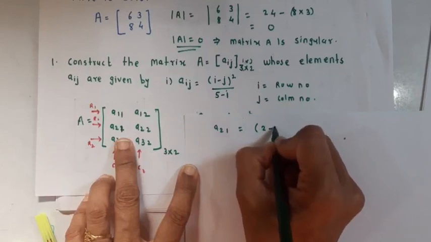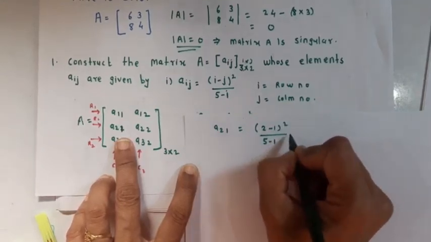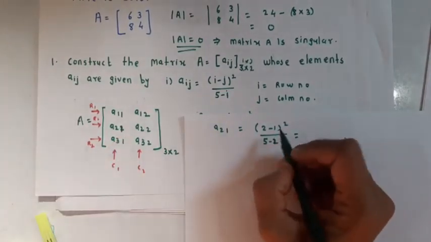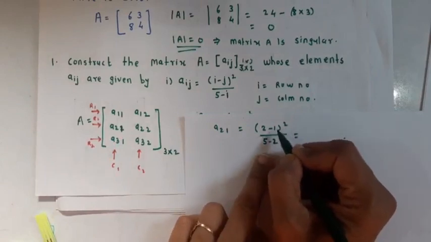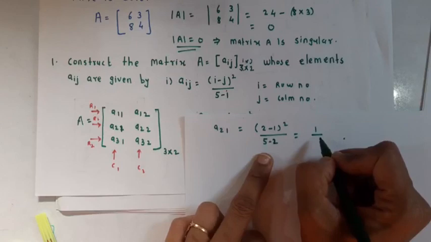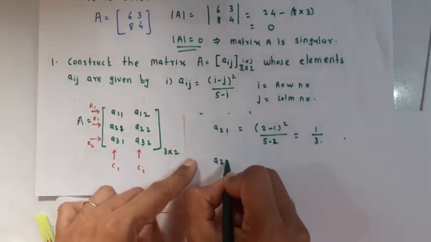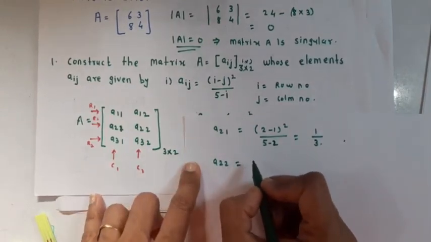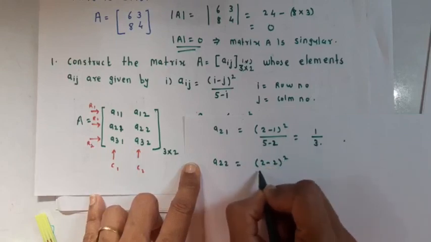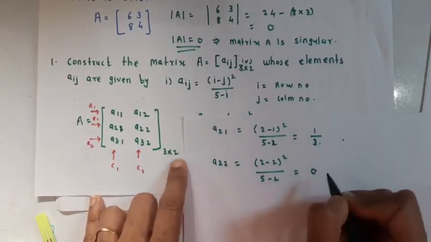So (2 minus 1) whole square upon 5 minus 2. 2 minus 1 is 1, 1 square is 1, and 5 minus 2 is 3, this is 1 by 3. Now A22 equal to (2 minus 2) whole square upon 5 minus 2, and that is 0.